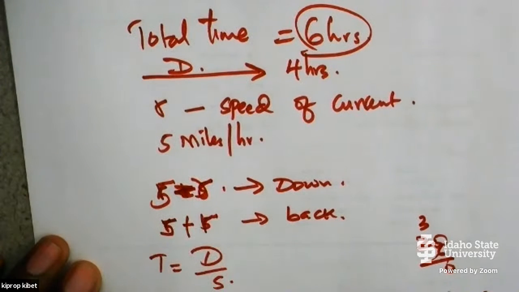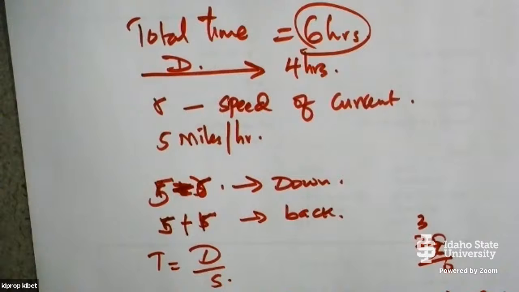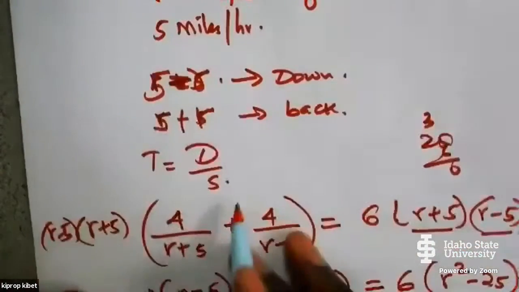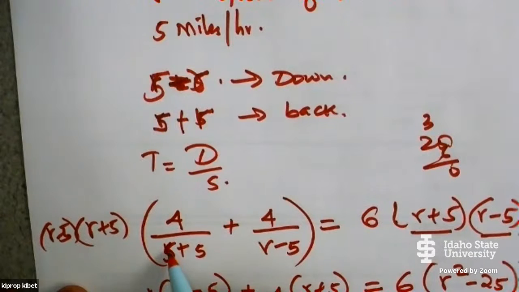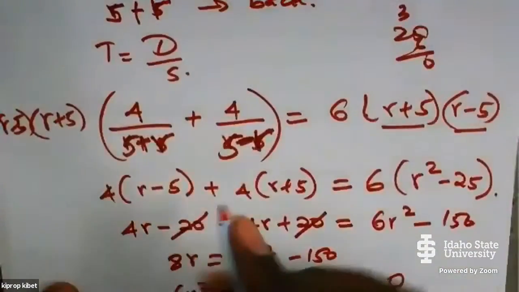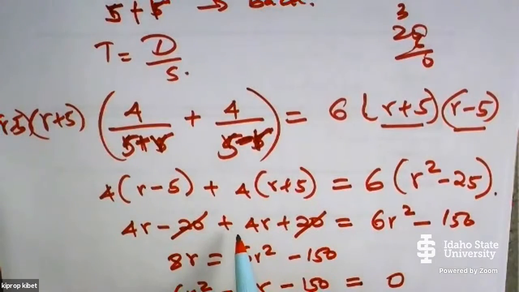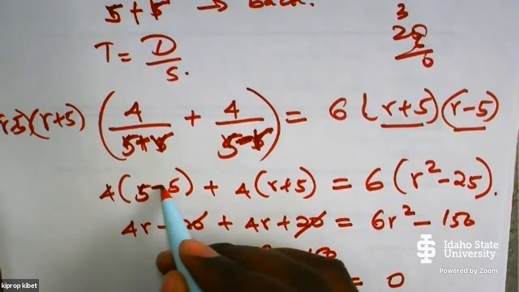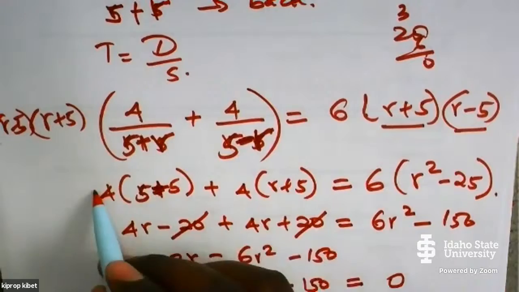Okay? So we add and minus. The current is not more than his speed, so it should not be more. So here it should be 5 plus r and then 5 minus r.